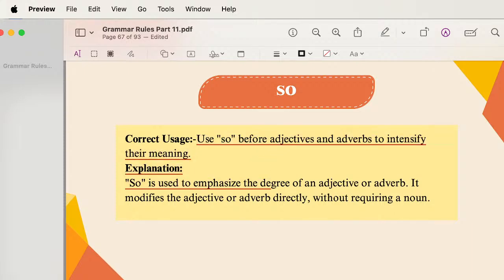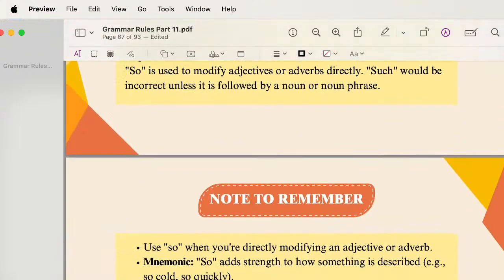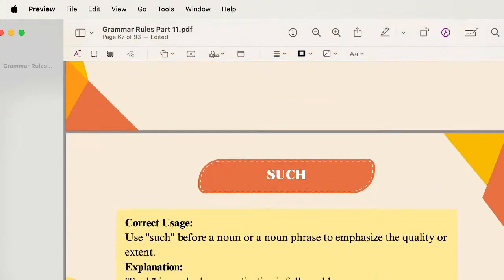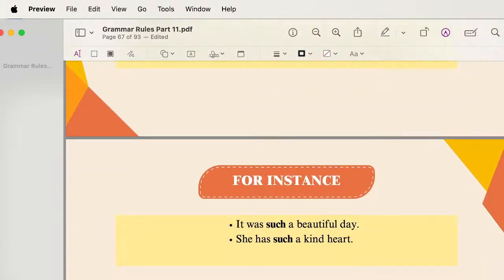But where do we use such? What is the usage of such? Such is used before a noun or noun phrase to emphasize the quality or extent. For example, it was such a wonderful day. It was such a beautiful day. She has such a kind heart.